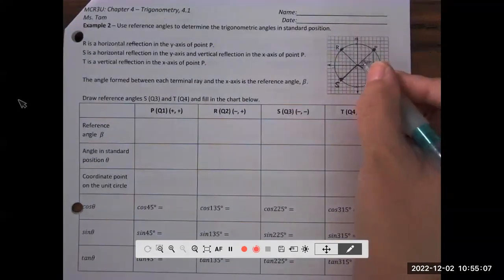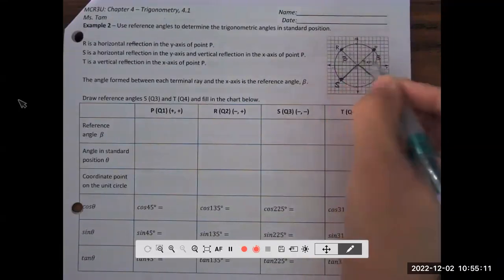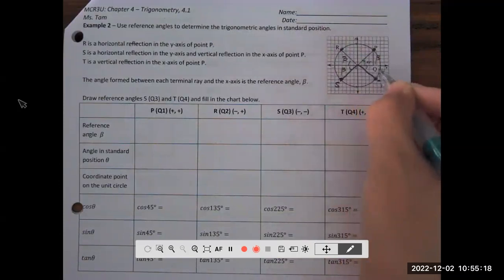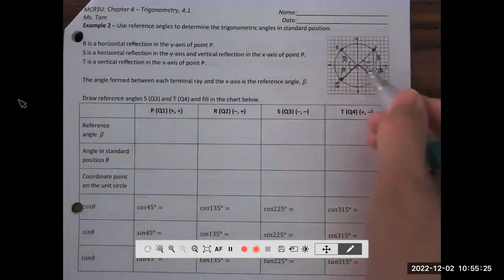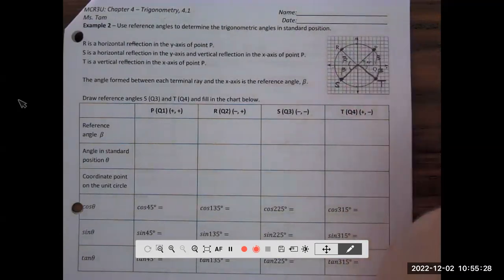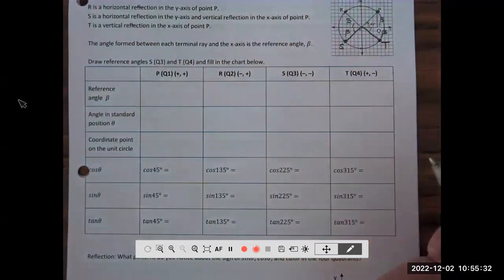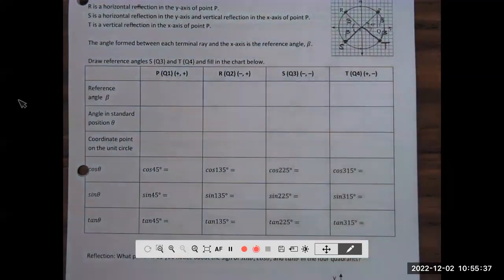So this is my beta, but this angle is also equivalent, and this angle is also equivalent. Technically I have all 4 of these reference angles that are the same, that relate to my terminal arm, and that's what I can use in order to find out the angles in all of the other quadrants. So again, we're taking what we know of quadrant number 1 and utilizing that in the rest of the quadrants.